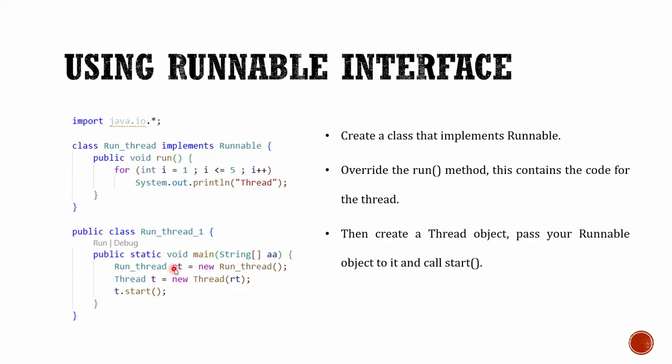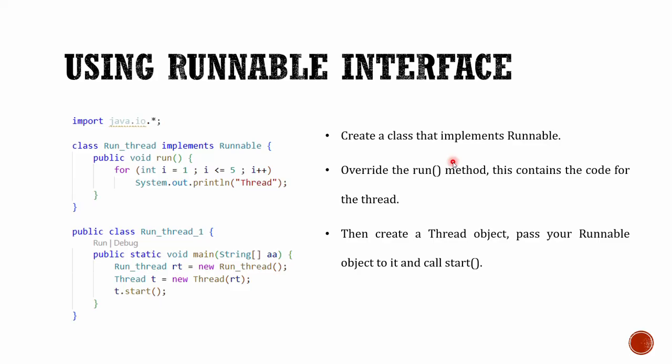Here rt is my class, and I just pass this object to the thread. Now my Thread object has been created, which means this RunThread has been converted to a thread. Is that clear? Then I'll just start the thread using the Thread class object.